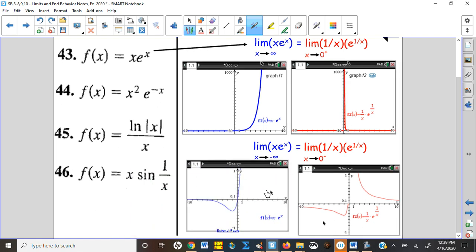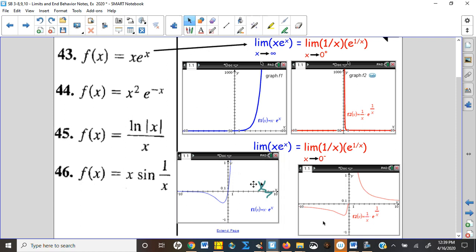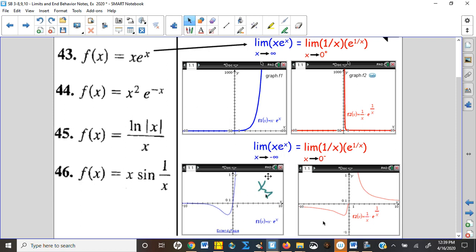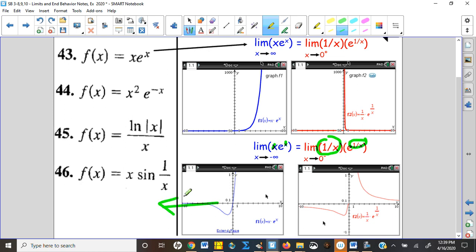Well, let's test our strategy. You ready? If I put a 1 over x in for x here and here, so this and this get replaced by this and this, and then instead of looking as we approach negative infinity, I look as we approach 0 from the left.